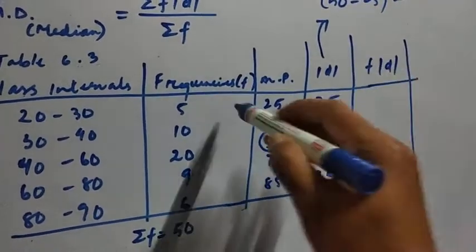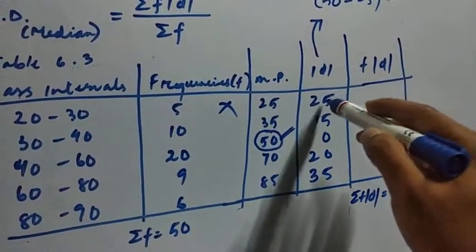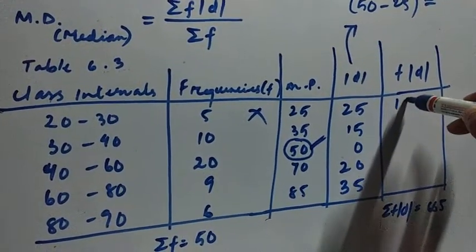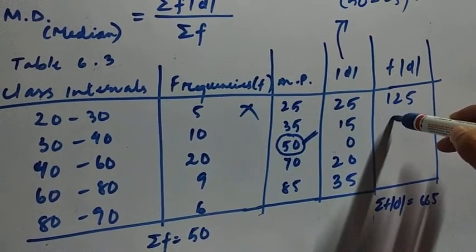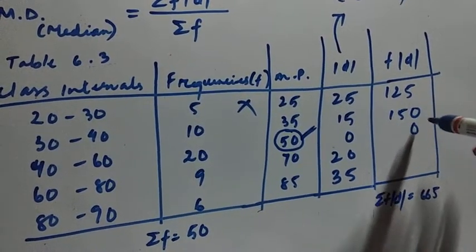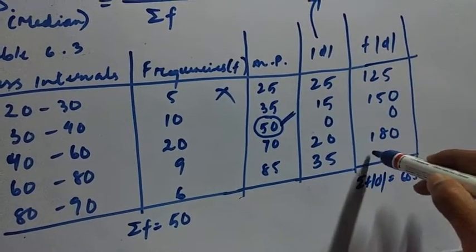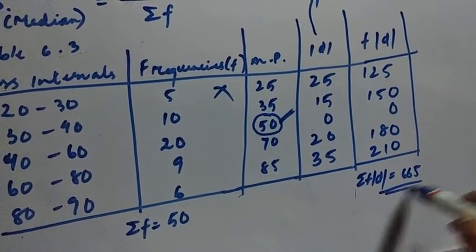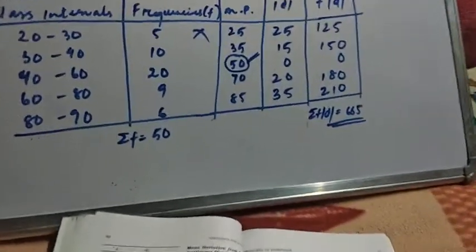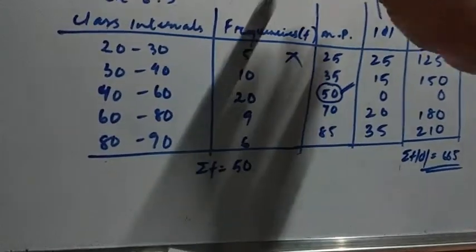What is FD? You multiply F into this D. You get 125, 150, 0, 180, and then 210. You have summation FD now, which is 665. So what is the formula here?